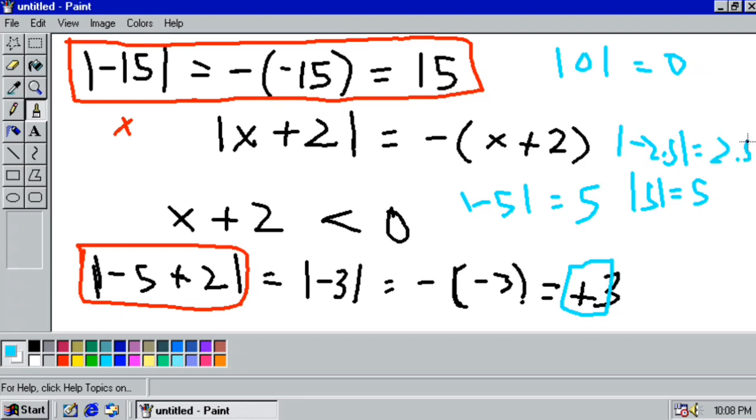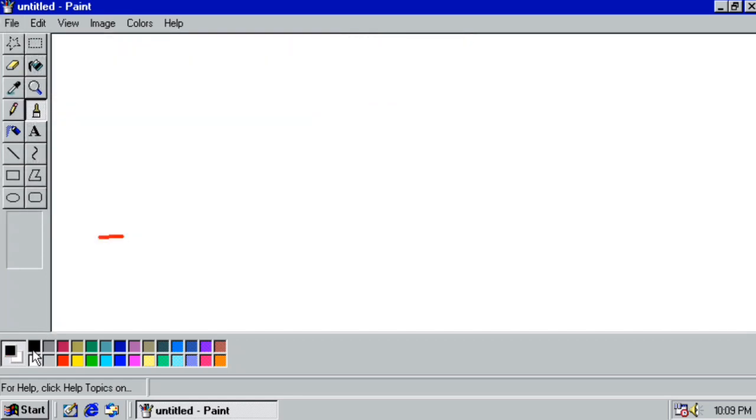If you're a bit confused, well, this is just a review, and I know it's a bit confusing, but just understand that any number, either positive or negative, that is inside an absolute value will always come out positive, except when there's a negative sign outside it.